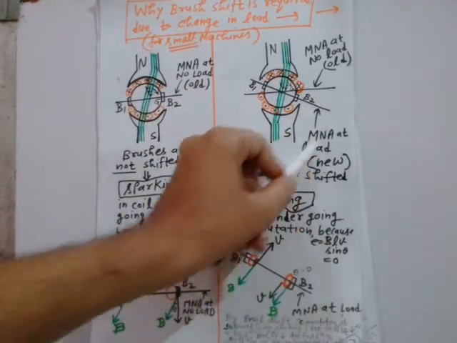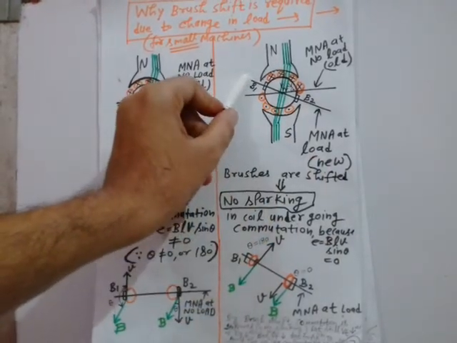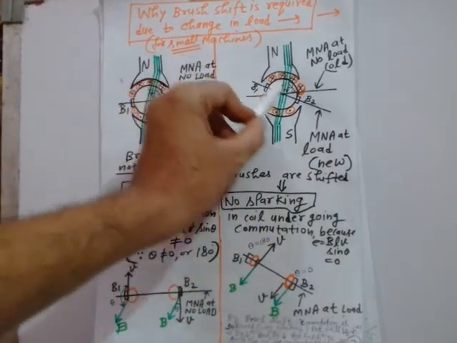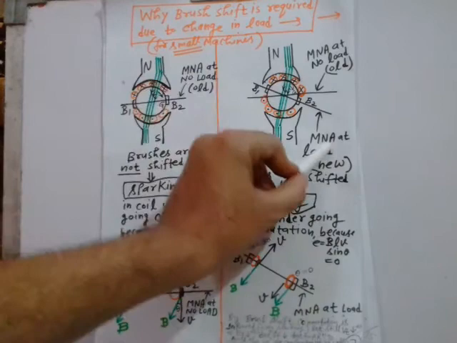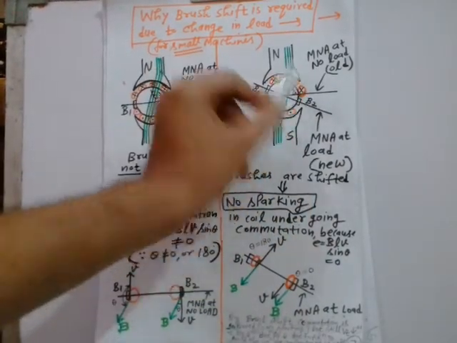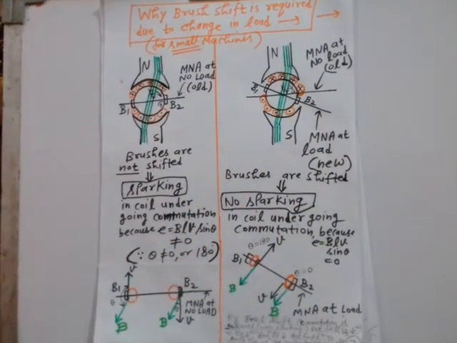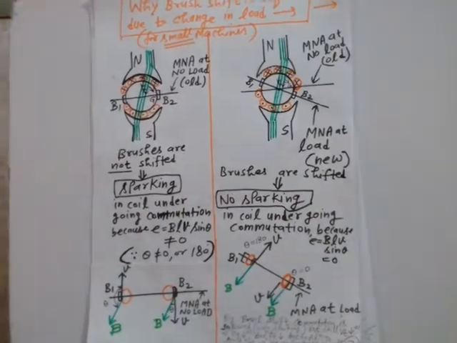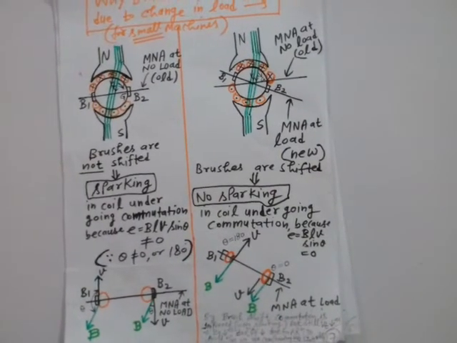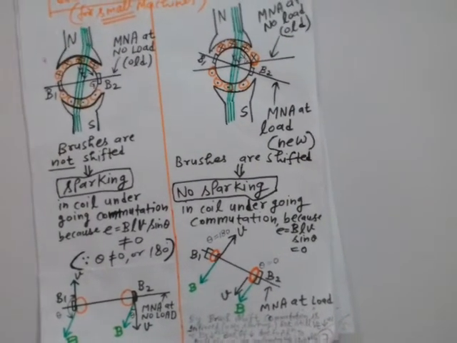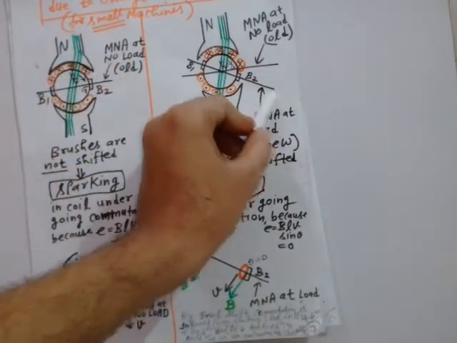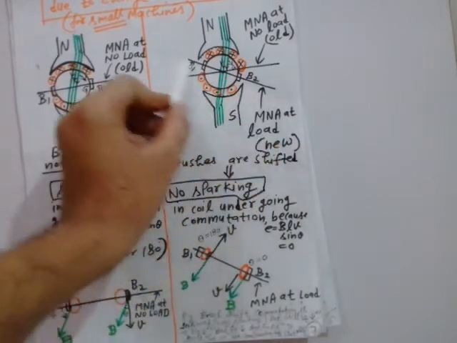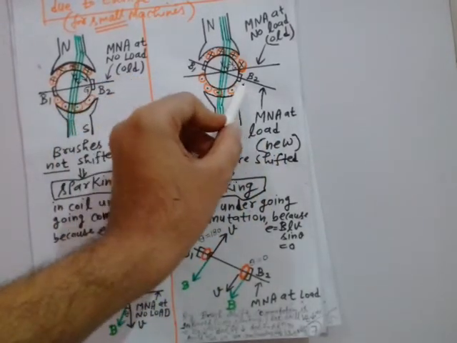Suppose the load further changes and this magnetically neutral axis shifts further and becomes like this, then you will have to shift your brush again to the new magnetically neutral axis. Otherwise it will again give sparking. Are you able to understand or not? Hope it is clear to all of you, right? So that means you must shift these brushes for the new magnetically neutral axis.